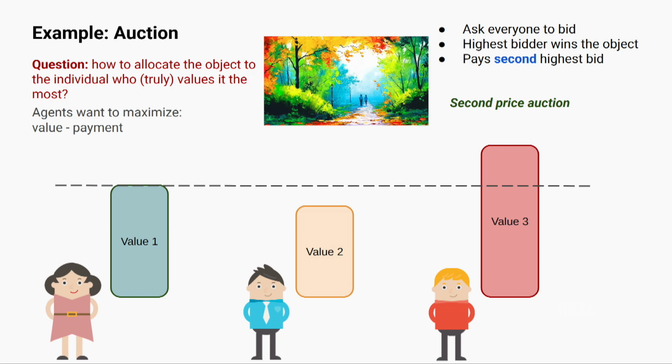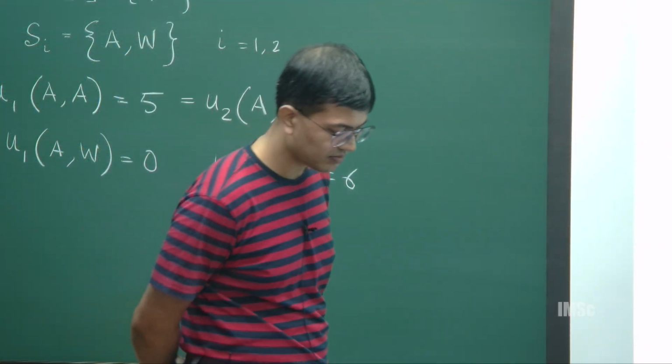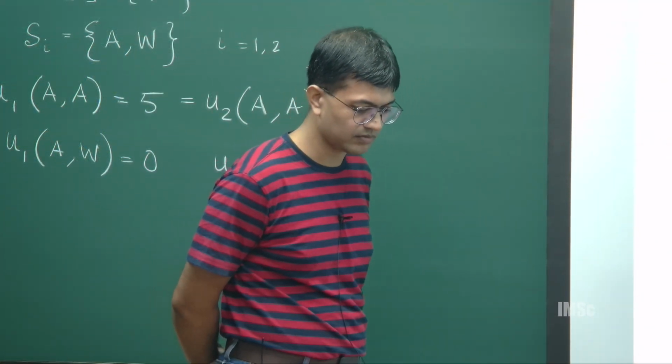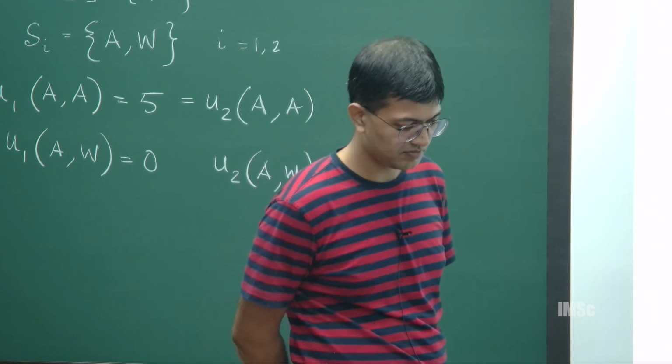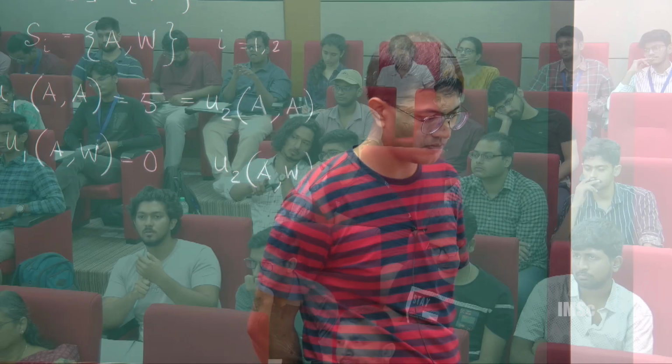So here our aim is also to give it to the person who values it most, and also we want him to maximize his value minus payment. So that is always the case. Like, if we remove the pay second highest bid, so that agent is not able to maximize, but our objective is still done, right?